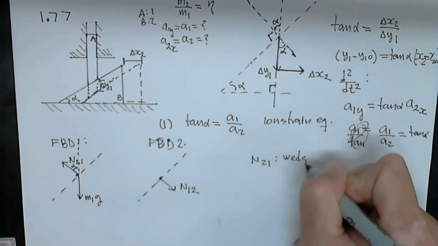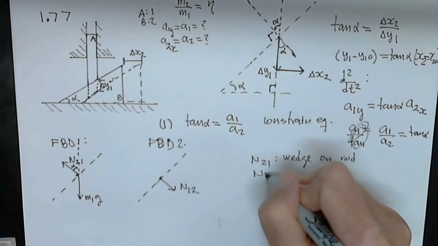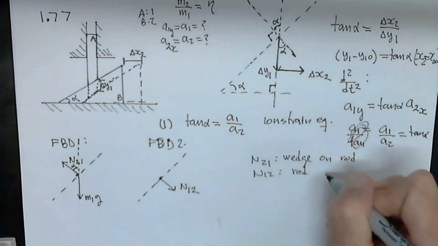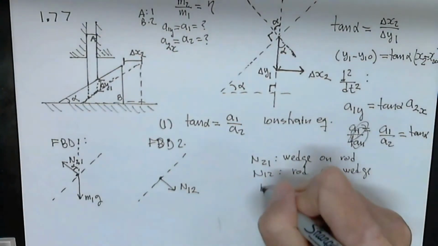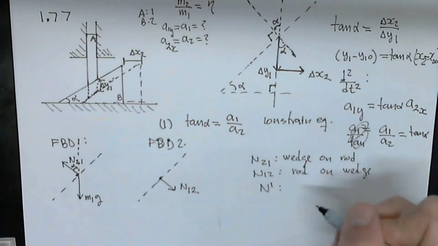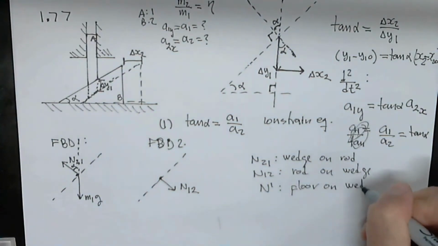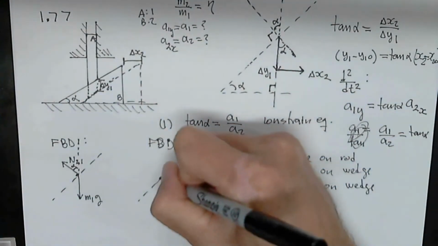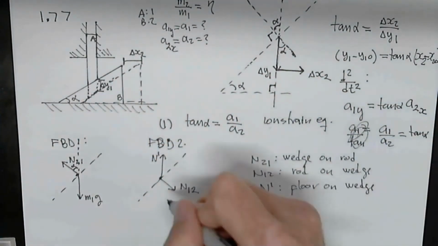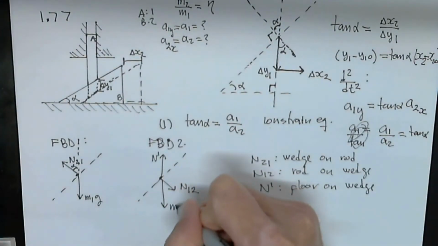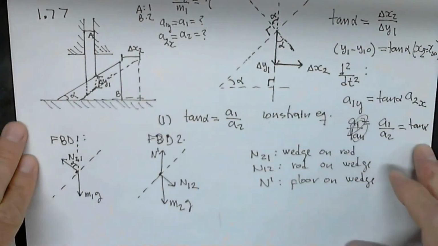This is wedge on rod, and this is rod on wedge. Let's call this N prime, floor on wedge, which is straight up. And M2g is straight down.